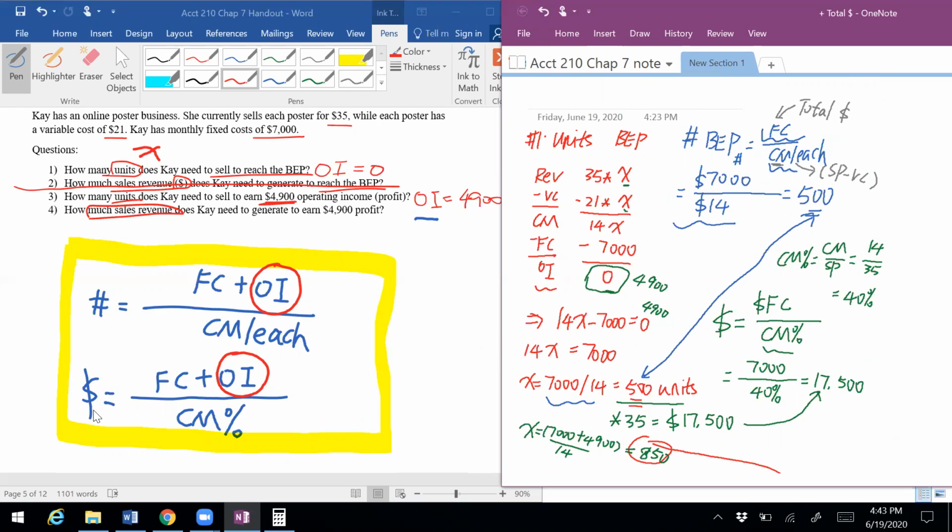After getting the break-even point, that's not enough. If we want to get some operating income, your numerator has to be fixed cost plus the operating income, and then divided by either the contribution margin for each unit or the contribution margin percentage, to get the units or the dollar amount.